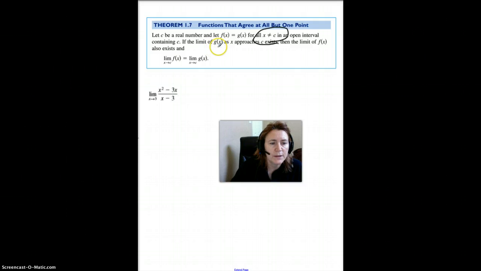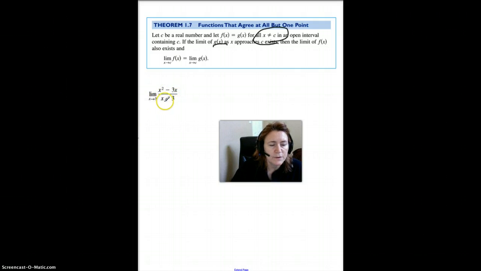So basically, we try to pick a g for which the limit exists and is the exact same as f at every point except one. And we do that in, for example, this example right here.